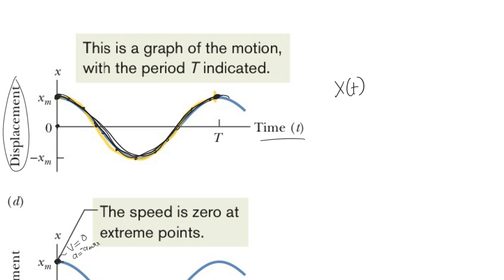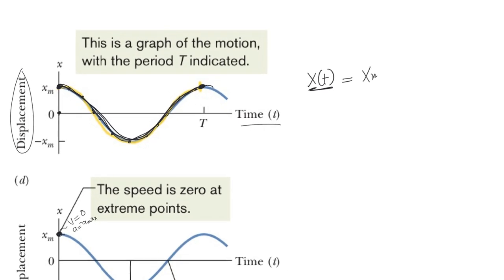Why do I write x of t? Because here the x, or the displacement or the position of the particle, changes with t. Because of that I write it as x of t equal to xm cosine of omega t plus the phase phi.